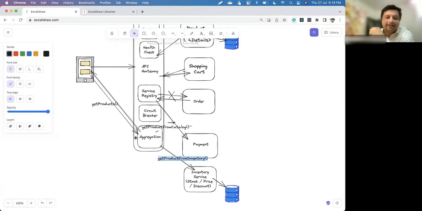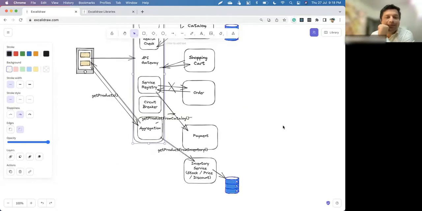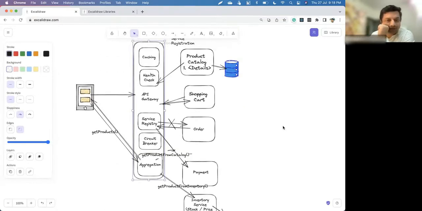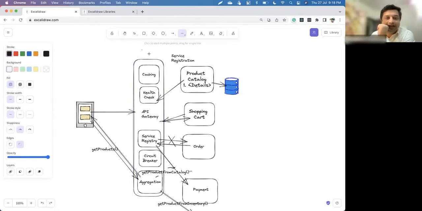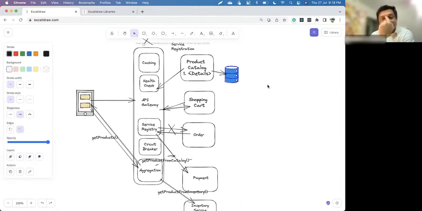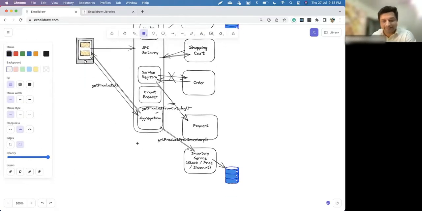Right? And now this API gateway is becoming a bottleneck for you, because it could be a single point of failure. What if API gateway is down, then nothing will work in your application, right? So what you should generally do is you should have multiple API gateways.